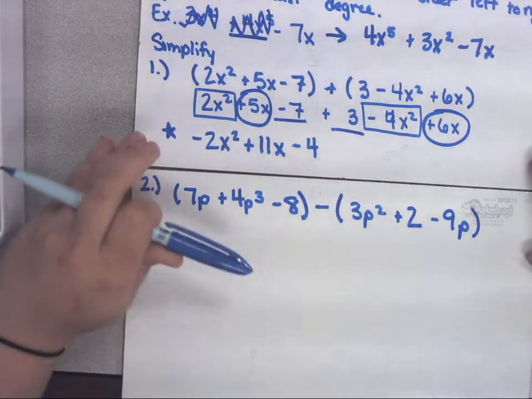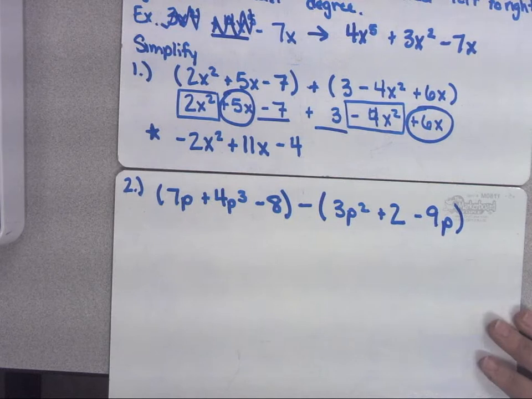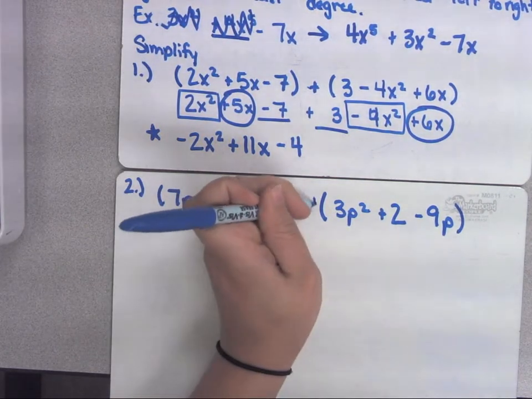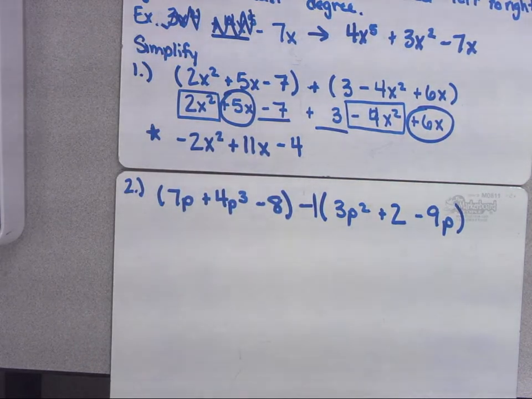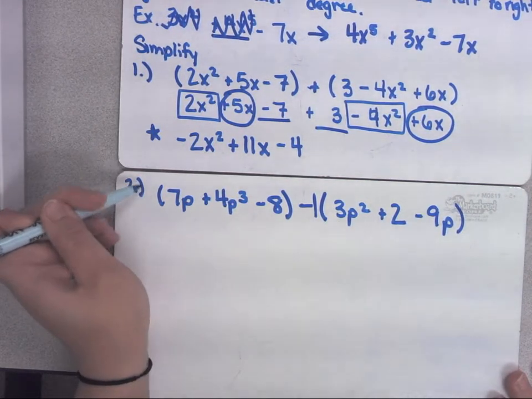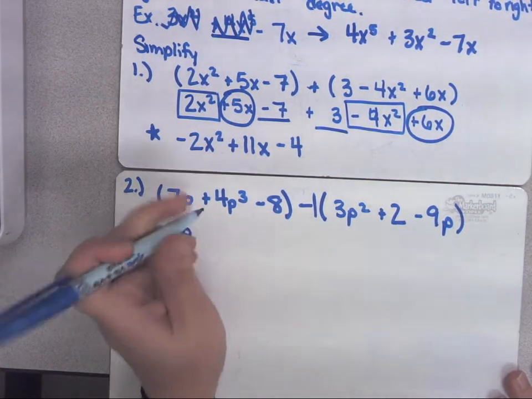How does this change? Yes, but people mess this up with double negatives. So instead of doing that, what could you do with this negative sign, which is really a negative 1 right there? You see how nothing's in front of this parentheses right here? It's all positive. So just this set is good. We can bring everything here down.